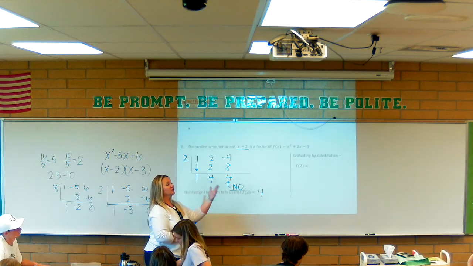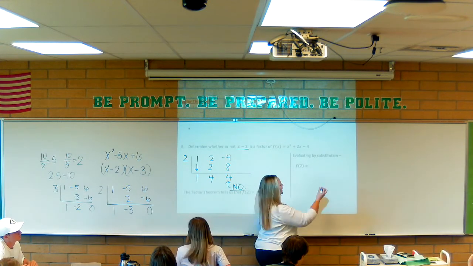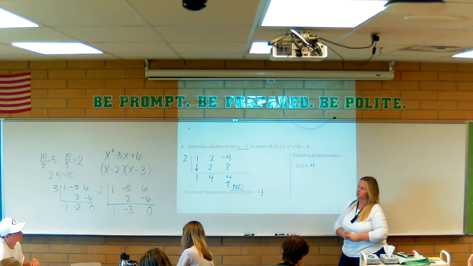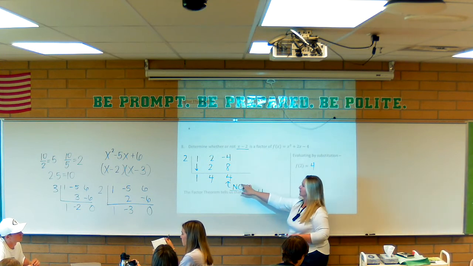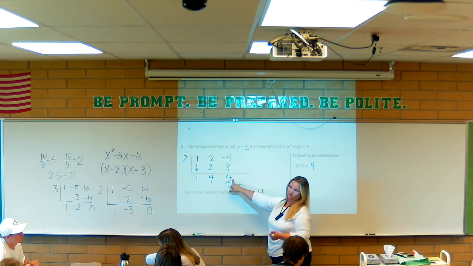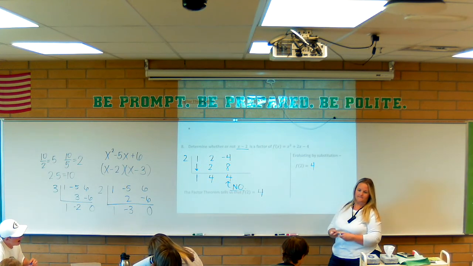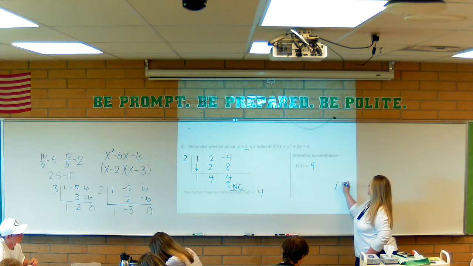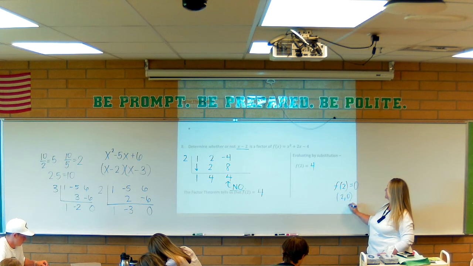We can find that f of 2 is 4, right? If we had substituted, we would find that same thing. We're not going to because that's a waste of our time. We already know from our synthetic division that f of 2 is 4. If this had turned out to be a 0, then it would be a factor, and the output would be 0. Hypothetically speaking, if f of 2 is 0, then you have the ordered pair (2, 0) on your graph.